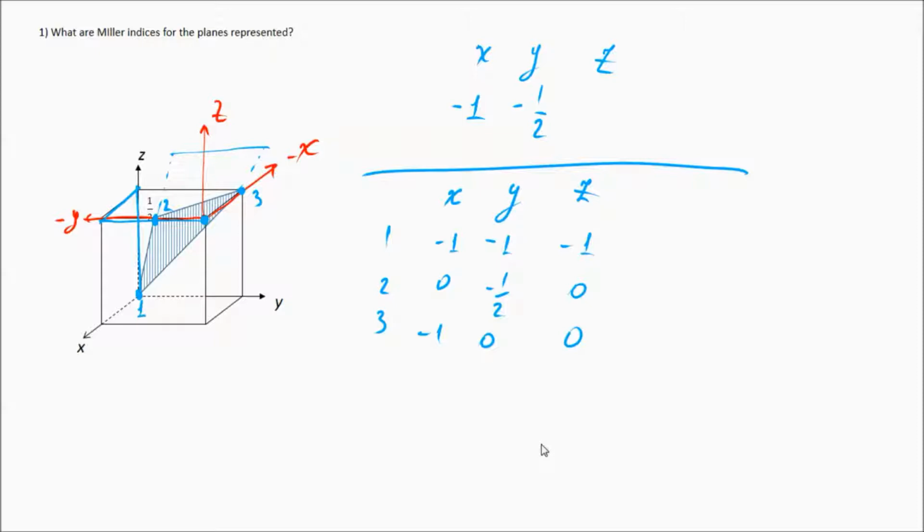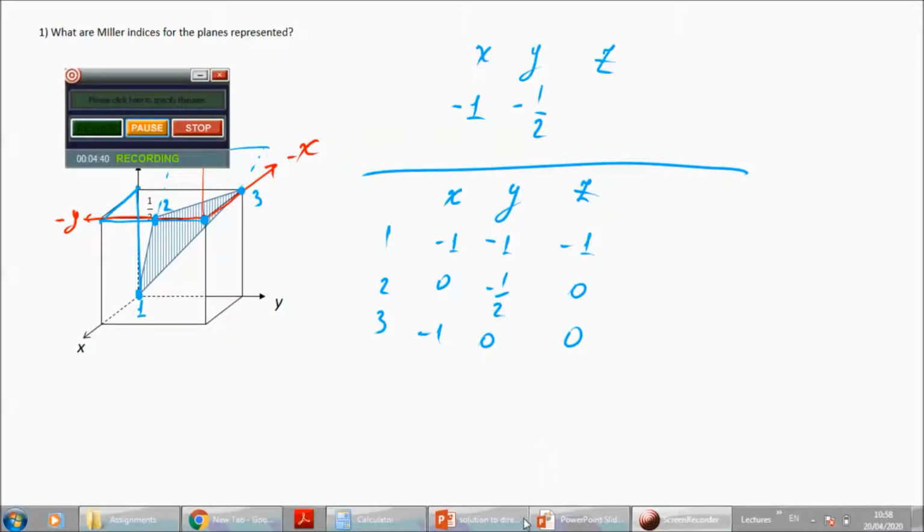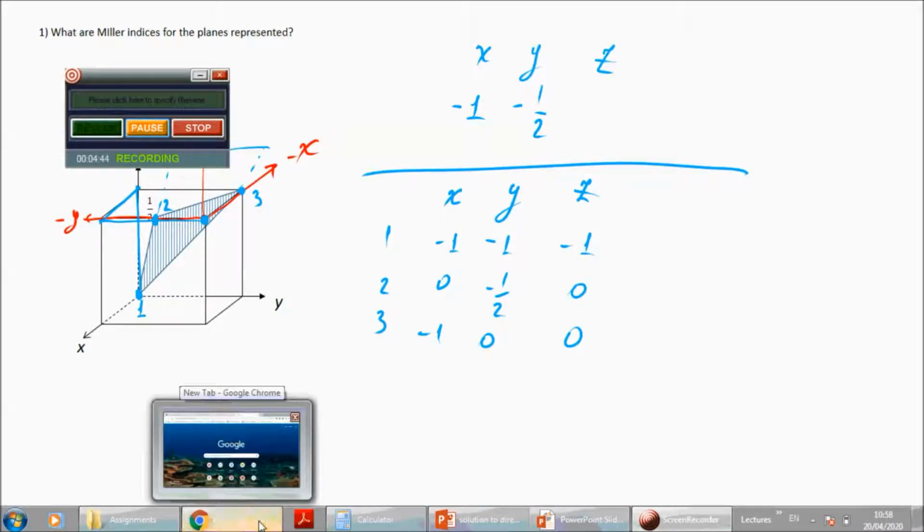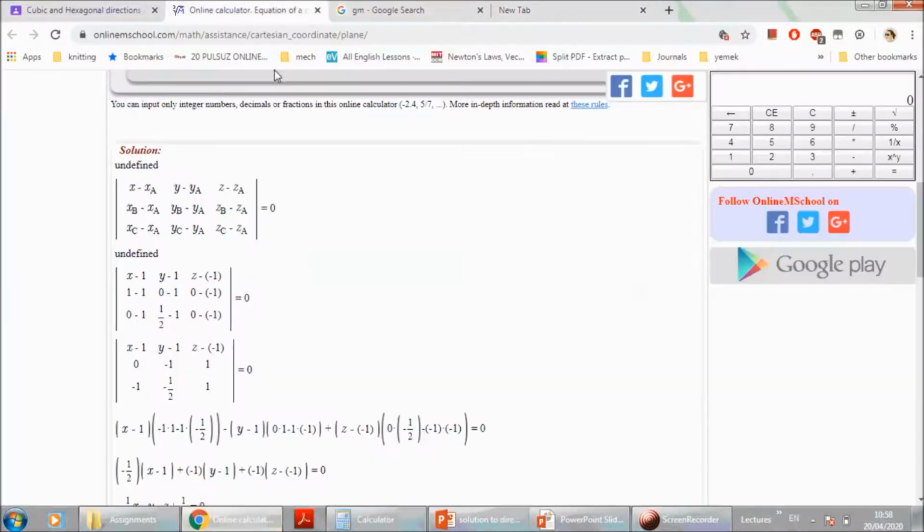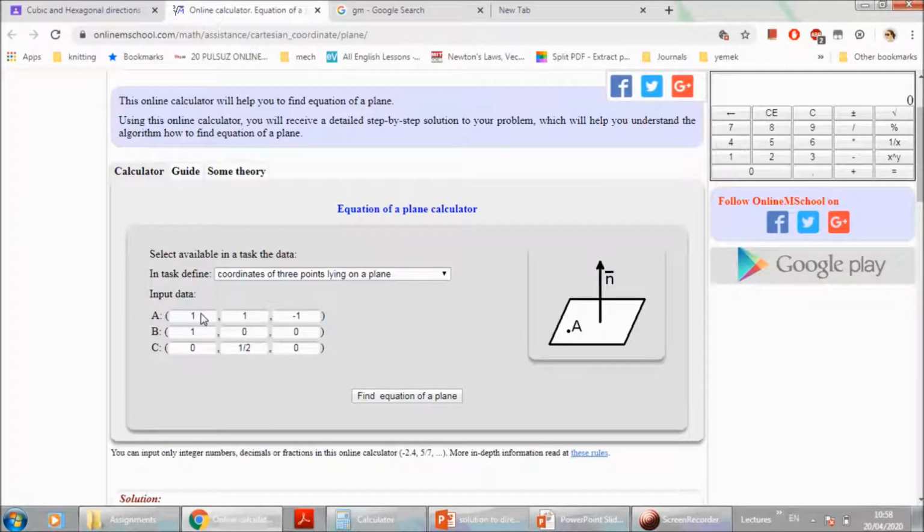What I will do is to go to online solver, plug in these values. So my points are -1, -1, and -1, and I will insert others. Zero, 0.